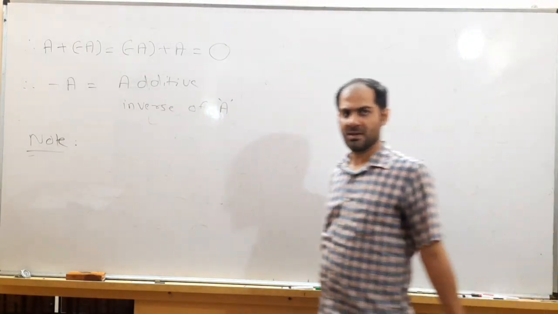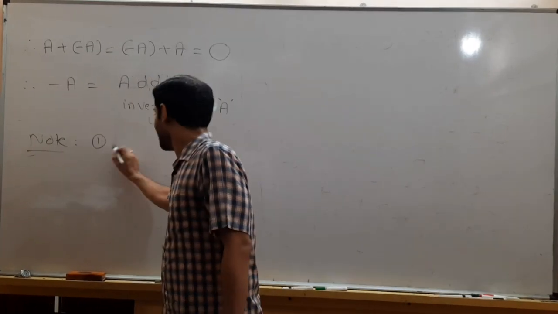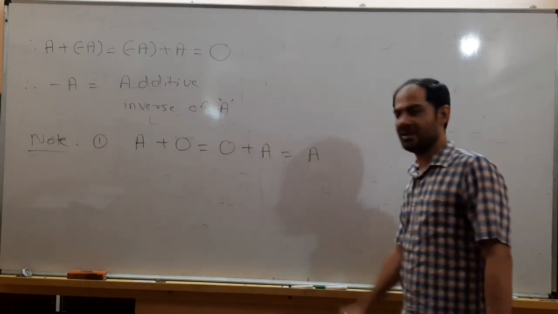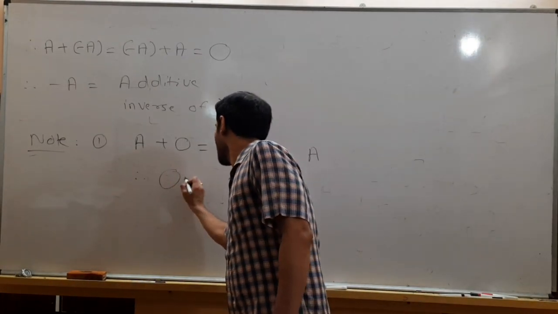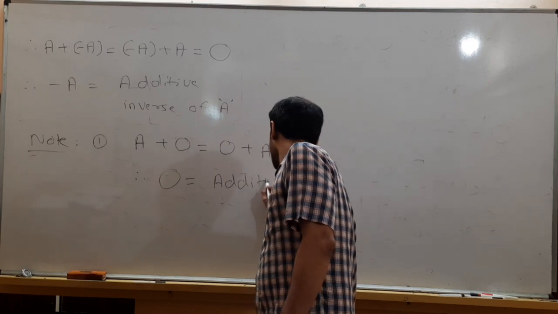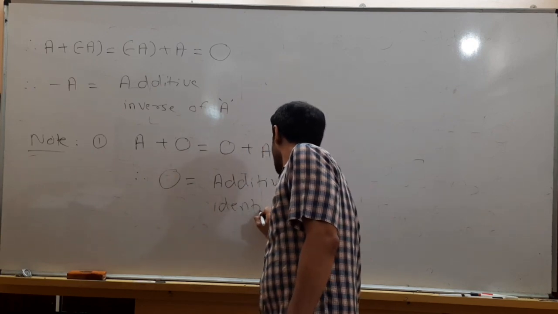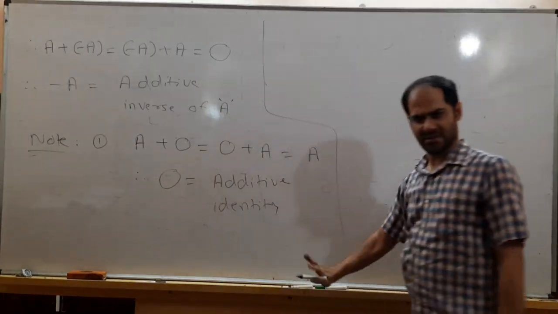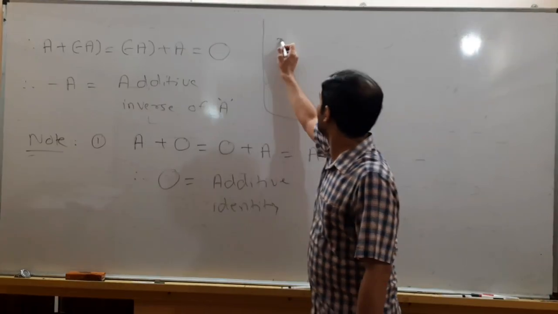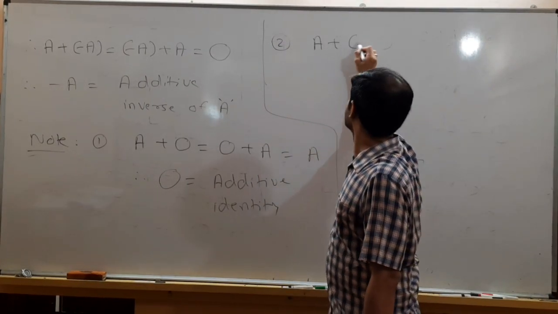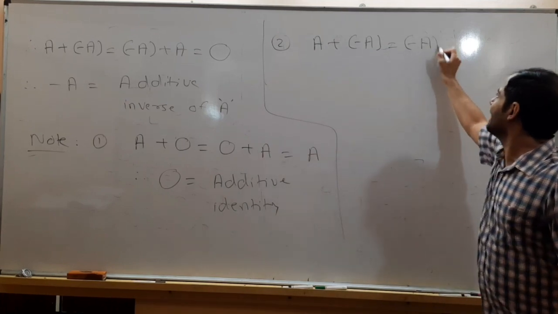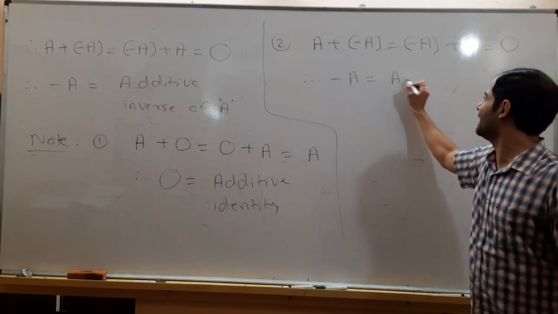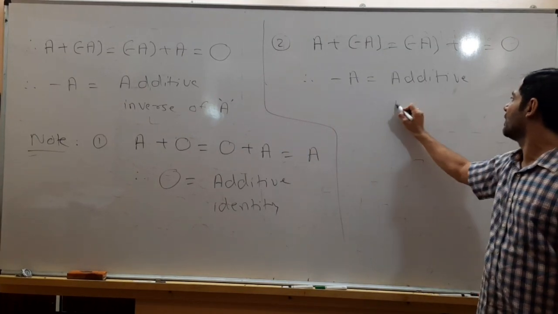First, A plus O is equal to O plus A is A. Therefore, O is the additive identity. And second, A plus minus A is minus A plus A is O. Therefore, minus A is called the additive inverse of A.